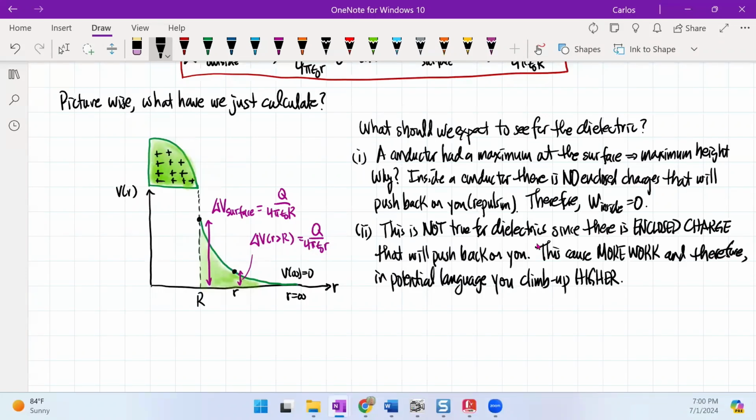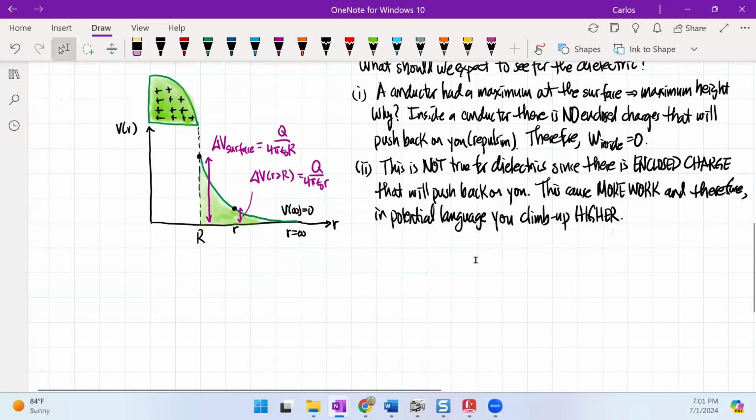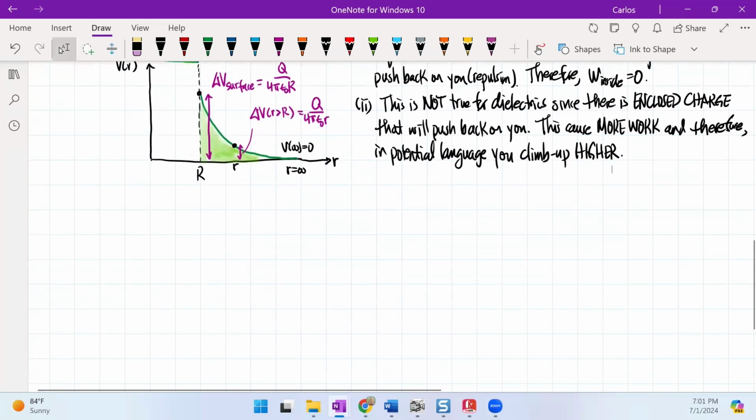So just on physics, we expect that we have to climb up more of the hill because there's enclosed charge. Untrue for the dielectric. So now let's go calculate this.